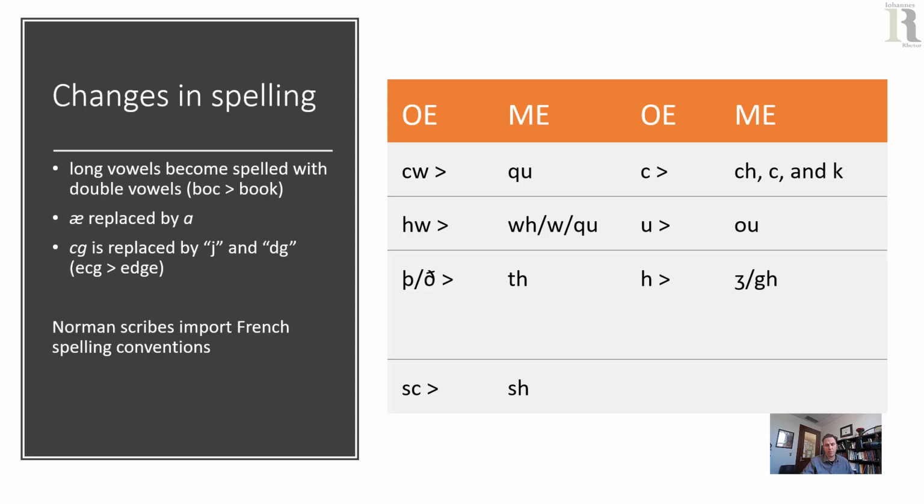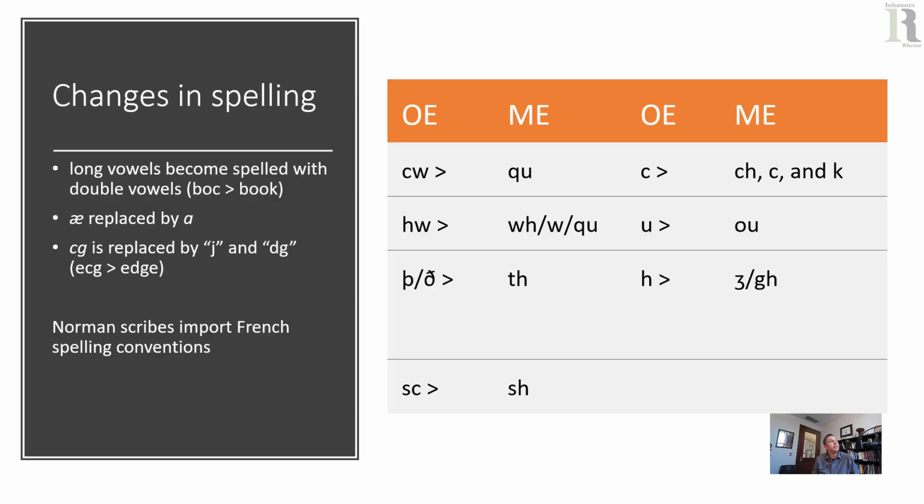The H is replaced by a yogh or a GH, as in enoh, which becomes enough.